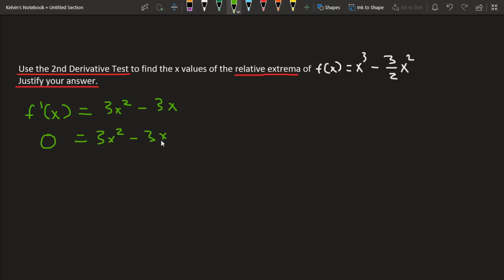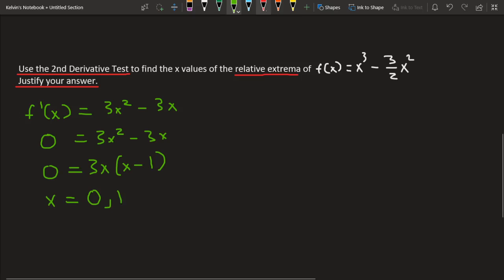So, this would just be 3x times x minus 1. And we can solve for x, and we see that x is equal to 0 and 1. And now these are our critical numbers.